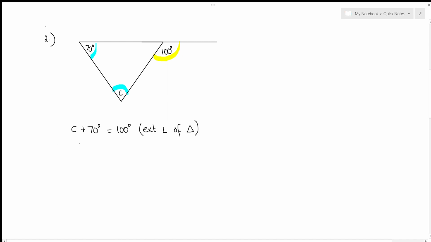So C is equal to 100 degrees subtract 70 degrees. Therefore, C is equal to 30 degrees. So 70 plus 30 is 100, and there's your 100 there.